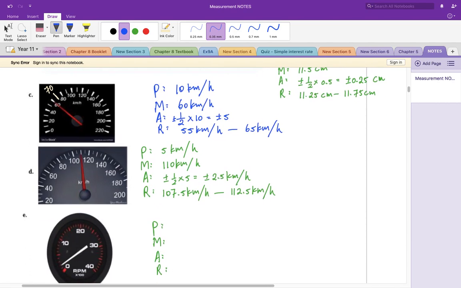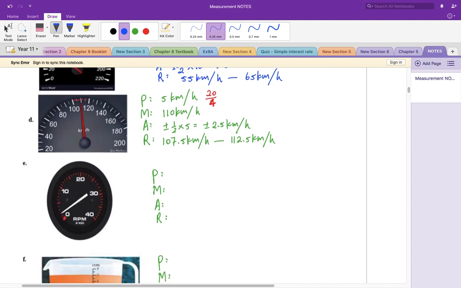Question D. Say, for example, from 100 to 120, there are 1, 2, 3, 4 parts, right? So I got 5 from doing 20 divided by 4, because there are 4 parts. So it's 5 kilometers per hour for the position, and everything else should be simple enough.